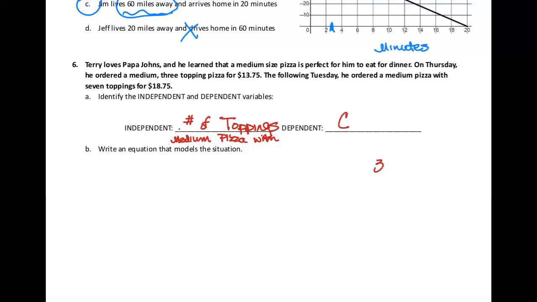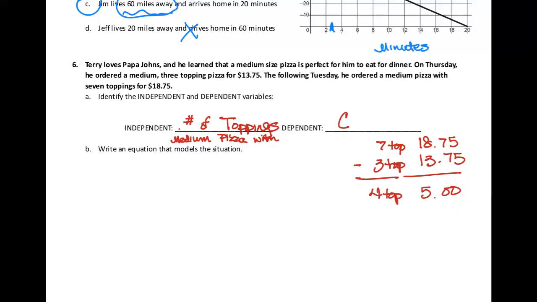So 3 toppings. Yeah, maybe we should do some math first. 13.75. Oh no, I'm running out of time. And then 18.75 was with 7 toppings. So that means it was a difference of $5. So that means 4 toppings would be $5.